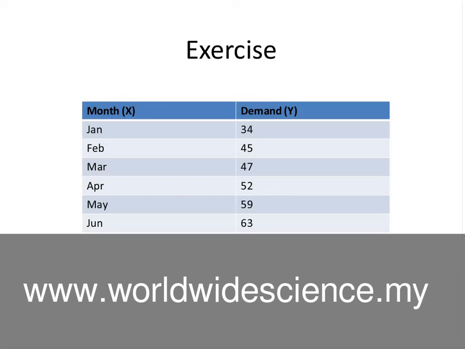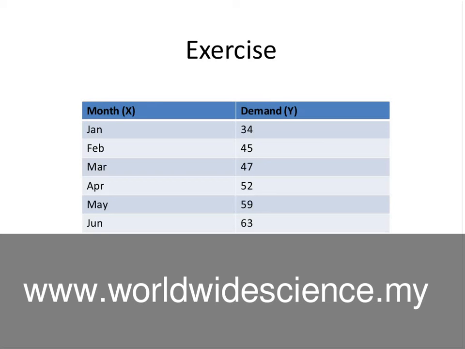It's enough that we give the X number. The author should give a number or figure to X. For example, if we want to forecast demand for July, that is 1 month after June, so we should give the X month. A and B have been calculated.